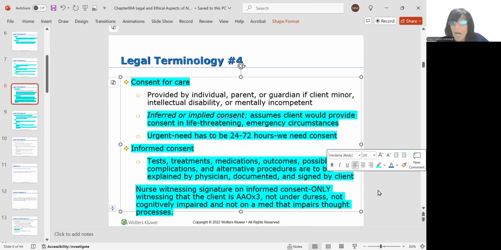The patient's not cognitively impaired, and the patient has not been medicated with anything that would impair his or her thought processes. So that is what you're witnessing when you witness a signature of a client on informed consent. You're not witnessing what the physician said, but you're witnessing the client being awake, alert, and oriented, and everything that I just described. So make sure you understand that, okay?